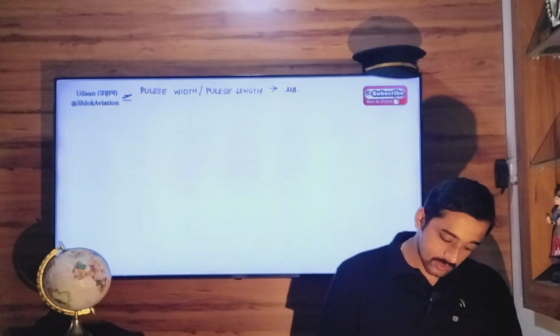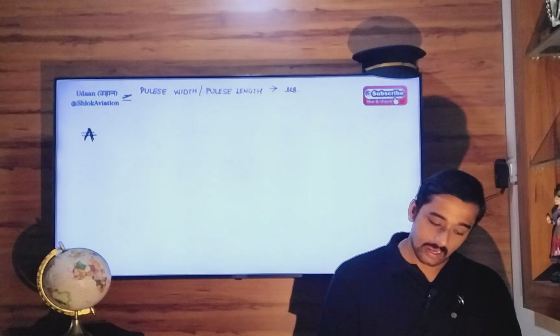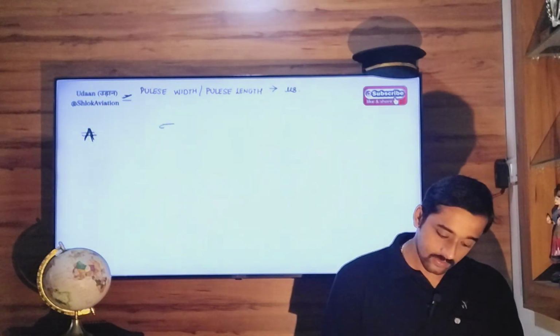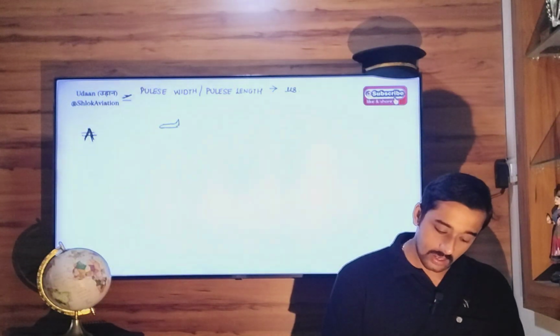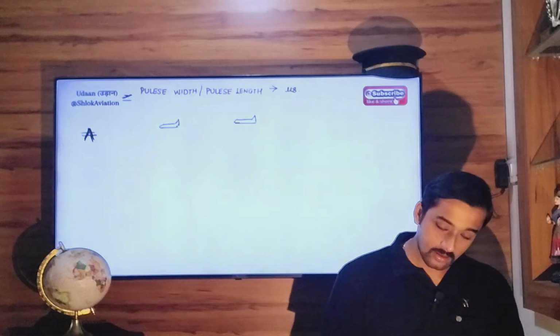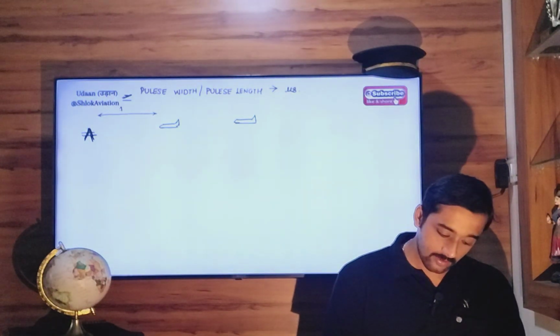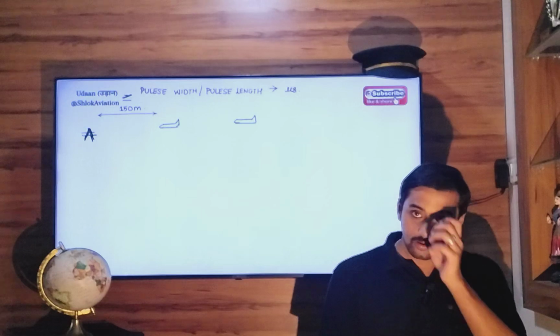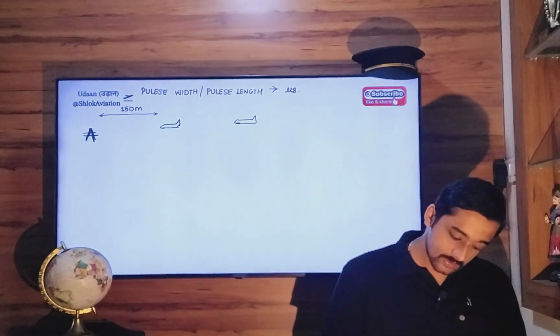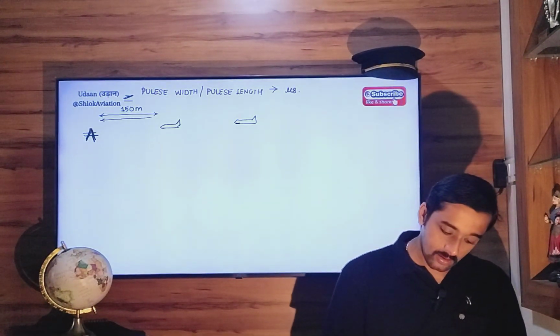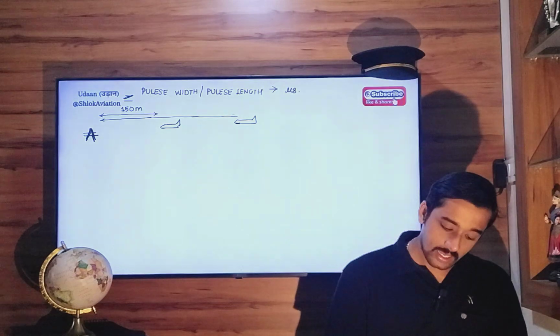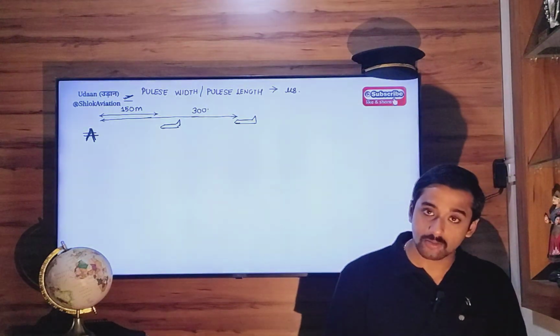Again, there is a transmitter, and there is, let's say, a target here and a target here. Now this first target is 150 meters away from the transmitter. The second target is 3 meters away from the transmitter.